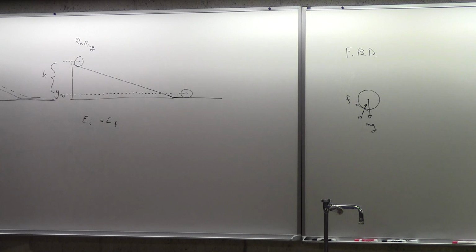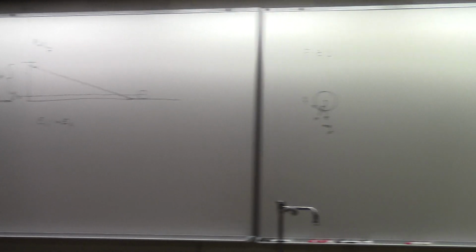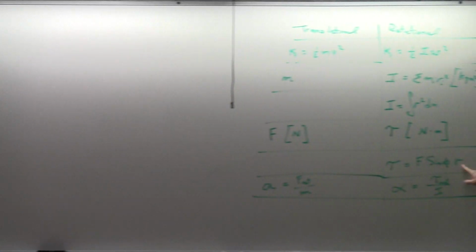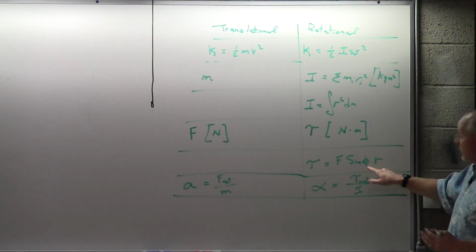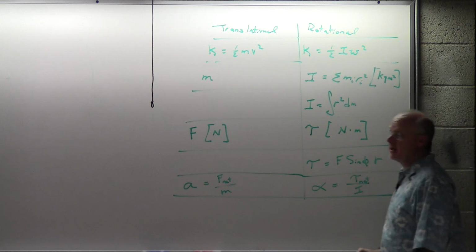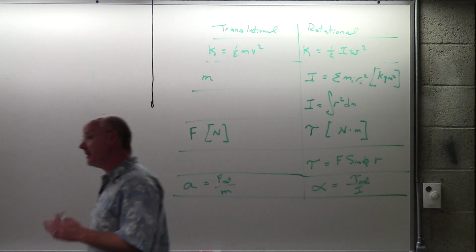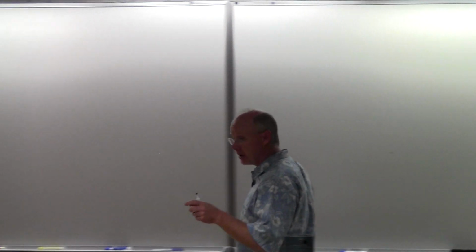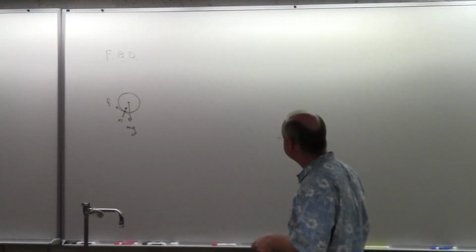And would that give you a torque? Oh yeah. This would be F for friction. What would the distance away be? The radius. What would the angle be? 90 degrees, right? Sine of 90, that's 1. So that is giving me the torque. That is what is making this object roll.